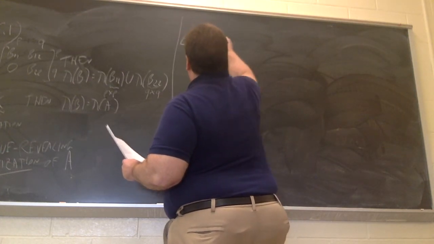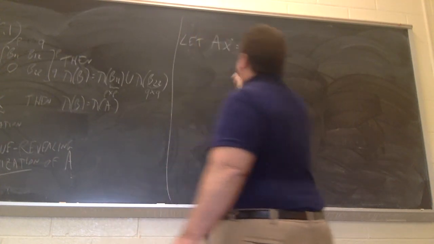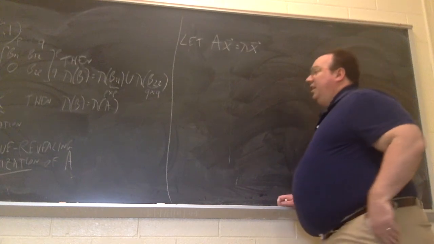Let's suppose we have some eigenvalue lambda, and some eigenvector x that goes with it. For at least every distinct eigenvalue that A has, we're going to have an eigenvector that goes with it.